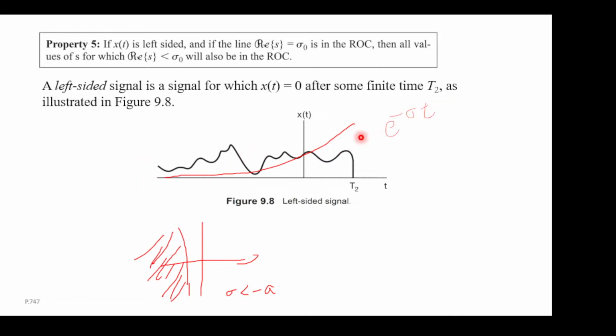So if you put in a smaller or more negative sigma, you should decay even faster toward negative infinity, and so they will always converge, and so your ROC will look like this. Whenever you are converging at some sigma, this left side is also converging. So a left-sided x of t has an ROC going to left infinity. Okay, question?